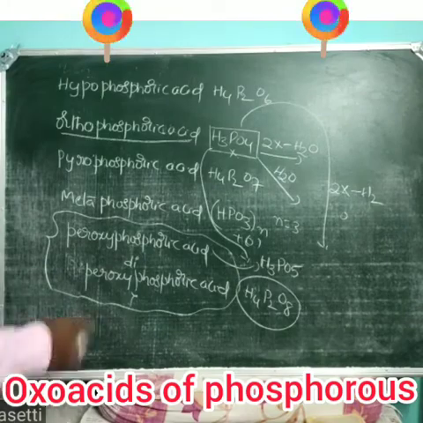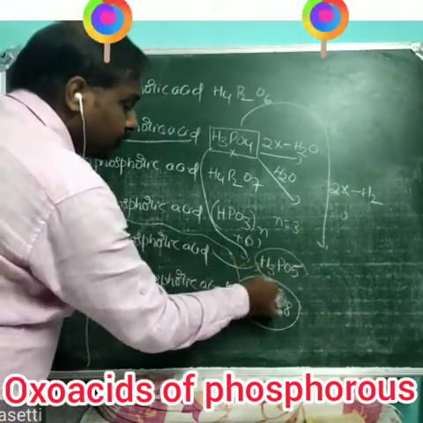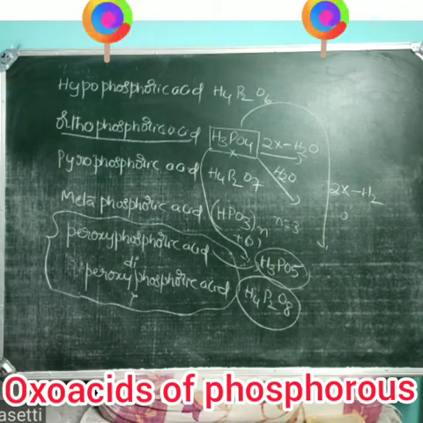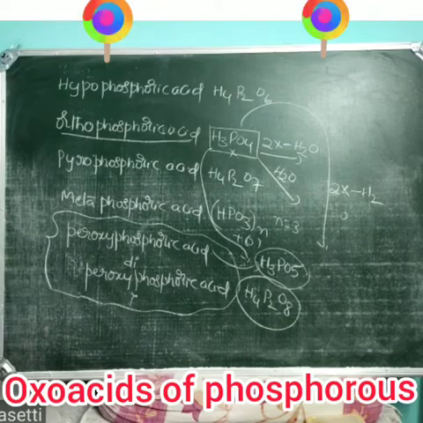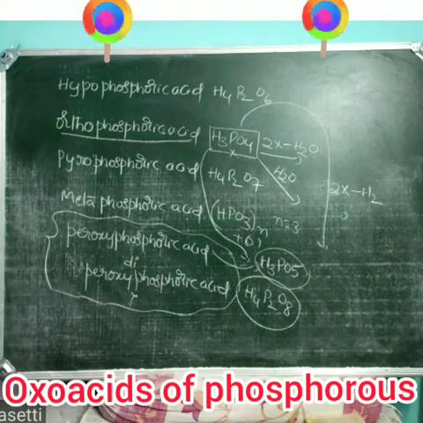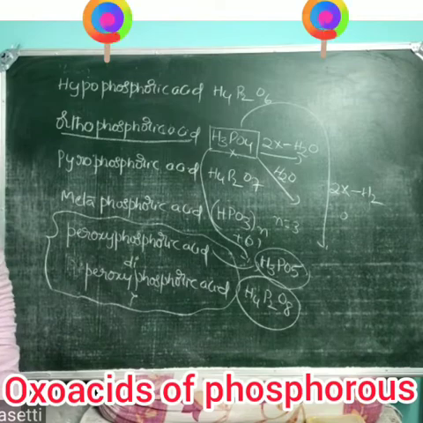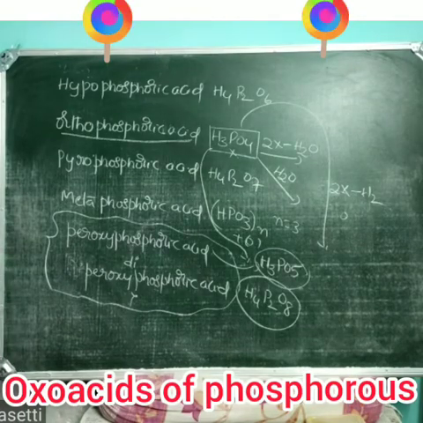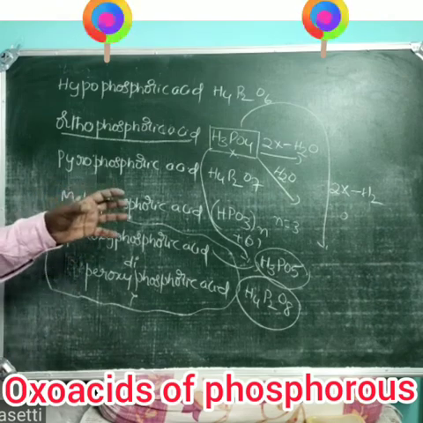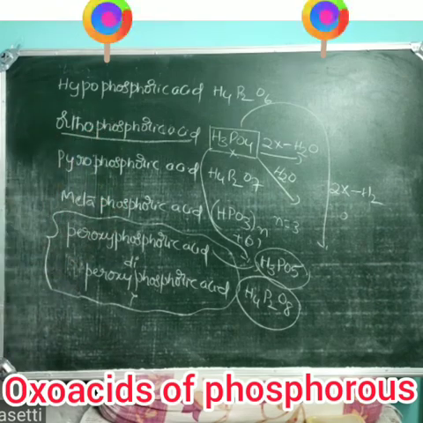Peroxyphosphoric acid, H3PO5. Hypophosphoric acid, H4P2O6. Orthophosphoric acid, H3PO4. Pyrophosphoric acid, H4P2O7. Metaphosphoric acid, HPO3 taken n times. So in this manner, we can remember the oxy acids and their formulas.